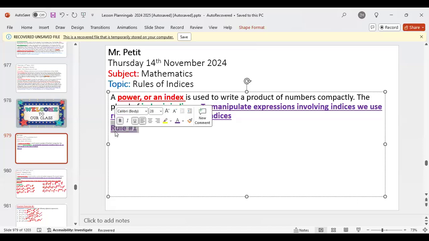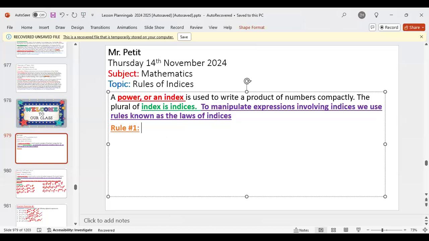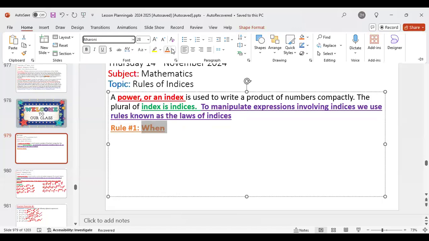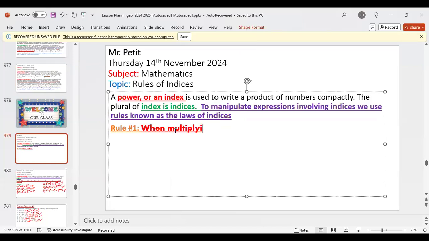The first thing we're going to start with is rule number one. Rule number one states that when multiplying, if the bases are the same, then what do we do to the powers?